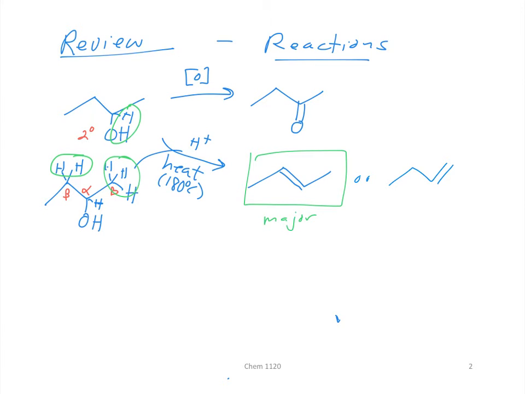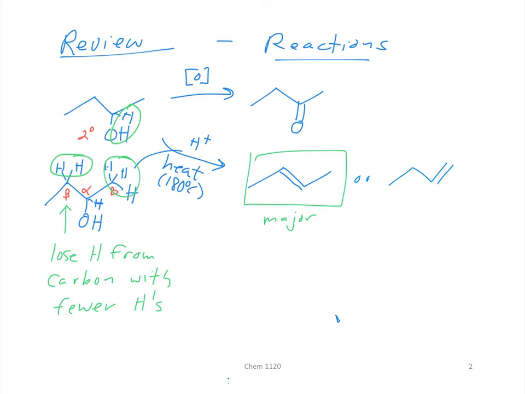What they say is that we lose the H from the beta carbon with fewer H's.